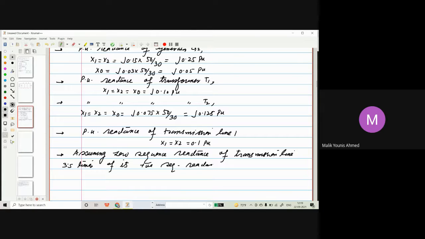So you have to assume this. Somebody may ask, sir, why we are doing it. So this will be 0.35 per unit.